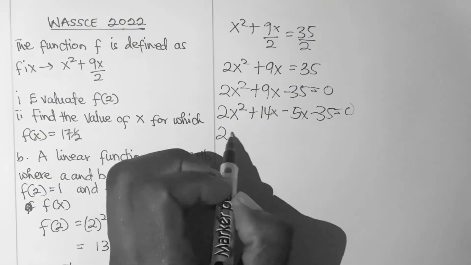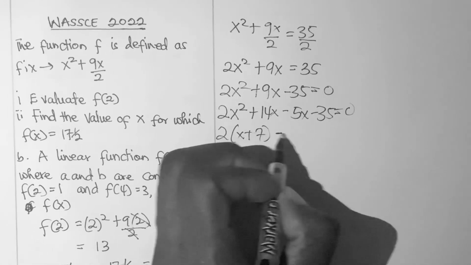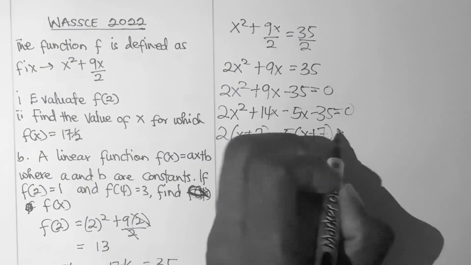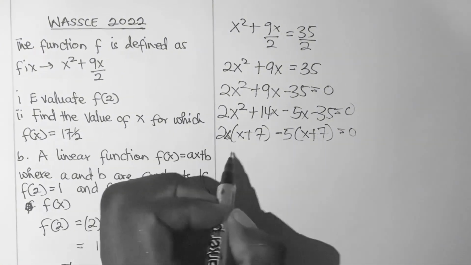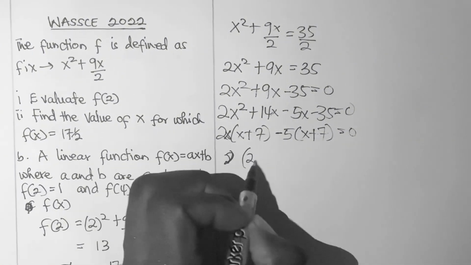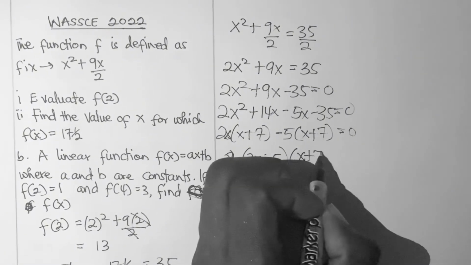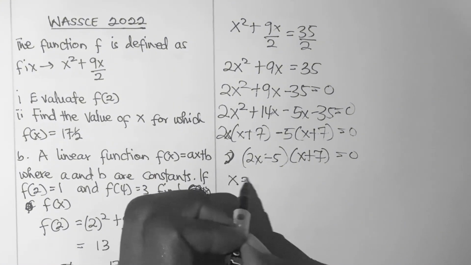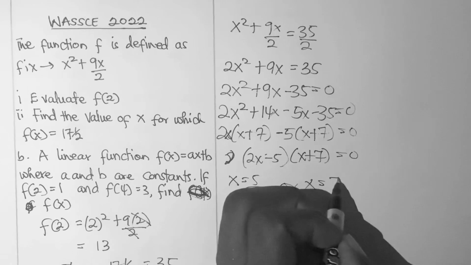If we factorize 2x here, we get x plus 7. Then if we factorize minus 5 here, we get x plus 7. So in one bracket, we have 2x minus 5, and in another bracket, x plus 7 equals 0. So the values of x are x equals 5 over 2 or x equals minus 7.